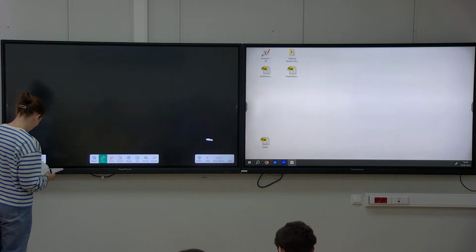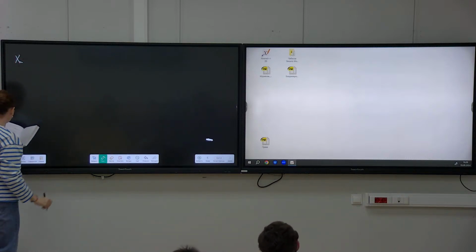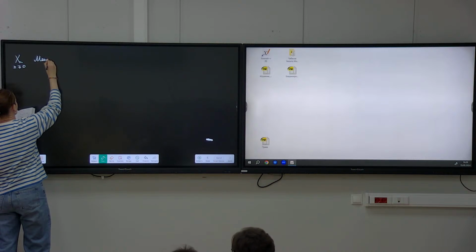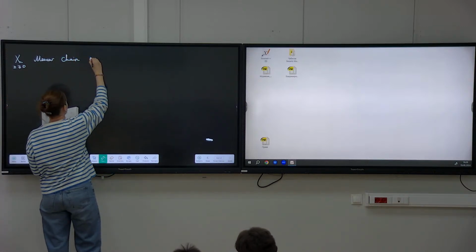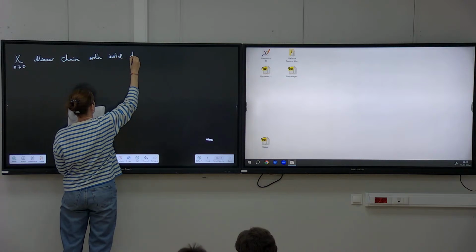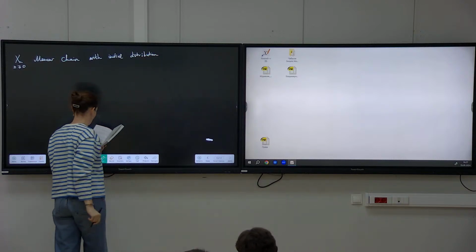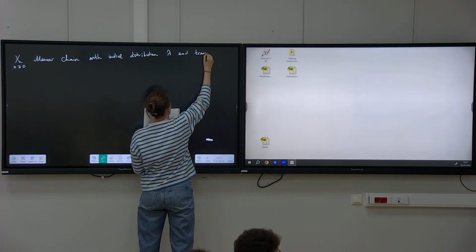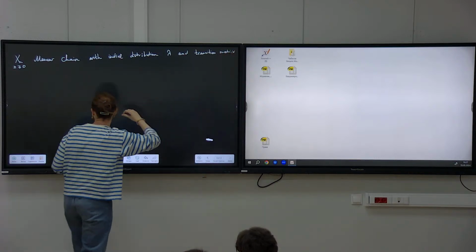So we stopped at the definition of the Markov chain. Namely, we said that we get X_n, n non-negative, and we said that it's a Markov chain with initial distribution lambda and the transition matrix P. That's what was at the very end of the previous lecture.